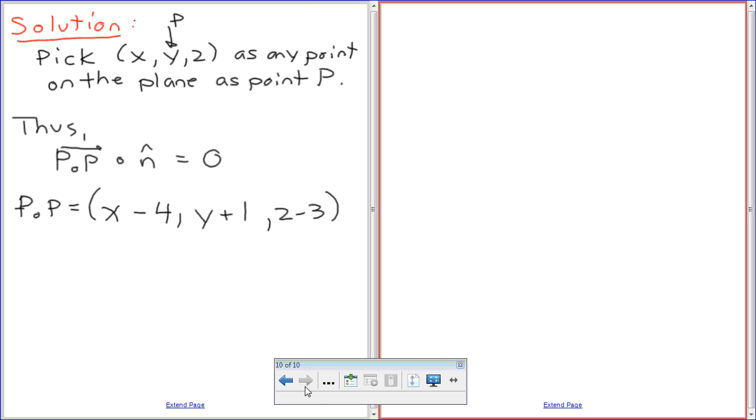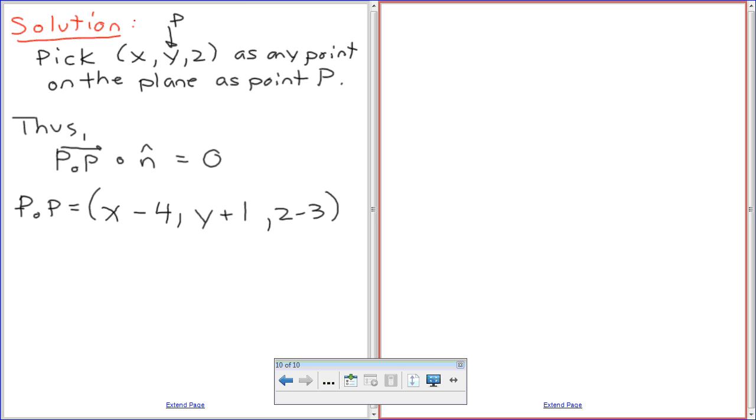Right, we picked a point on the plane, so now we have x, y, and z in our equation. So now we're going to do P0P dot n. Alistair, can you remind me how you dot two vectors? Multiply x values and add. Right on.